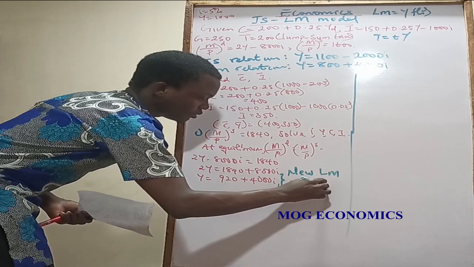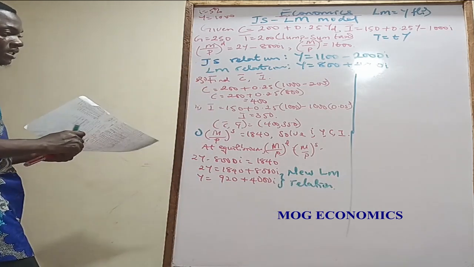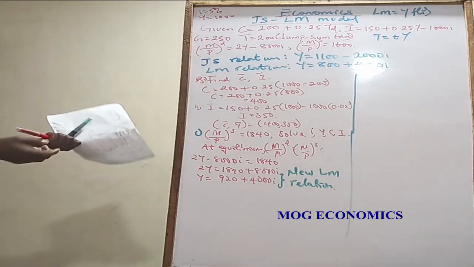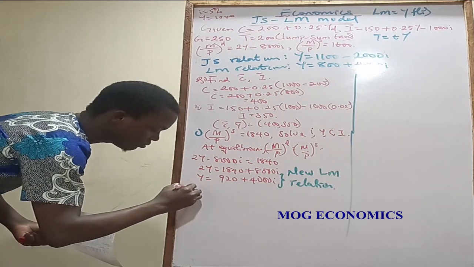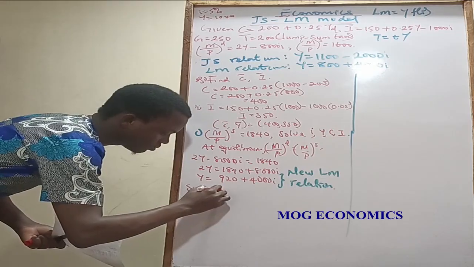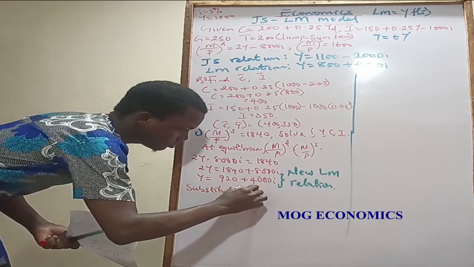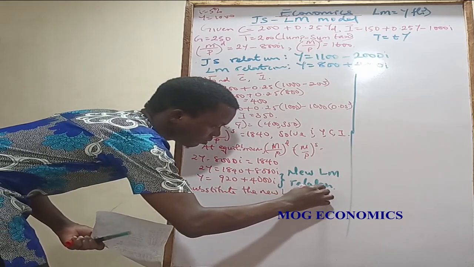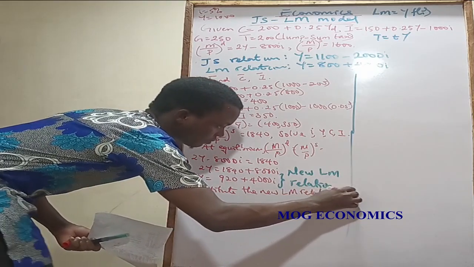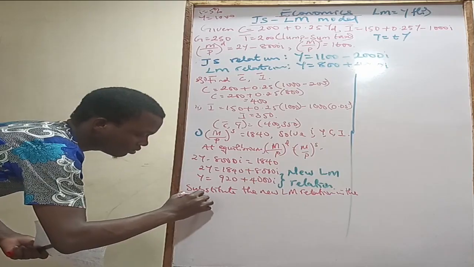What we do now is substitute the new LM relation in the IS relation, which did not change.